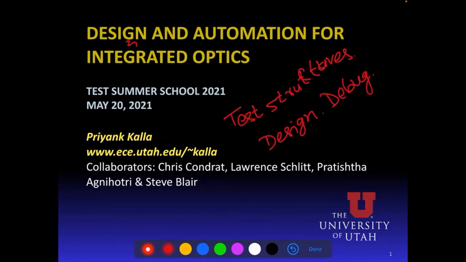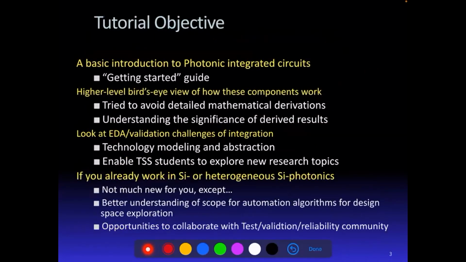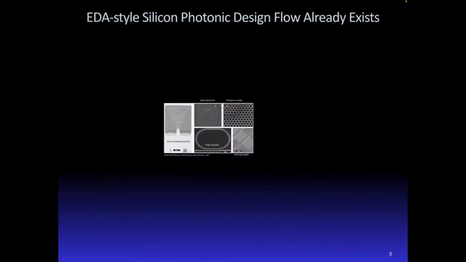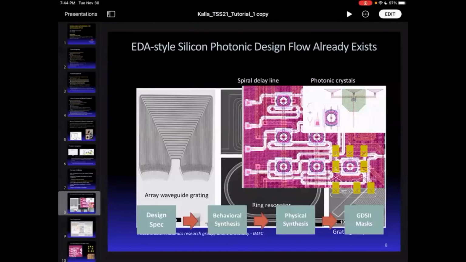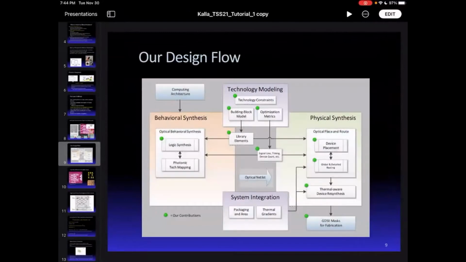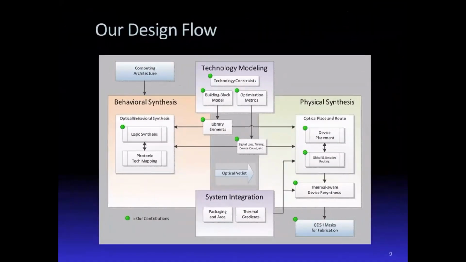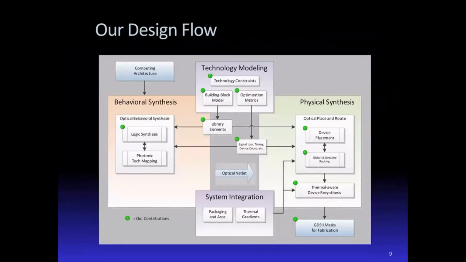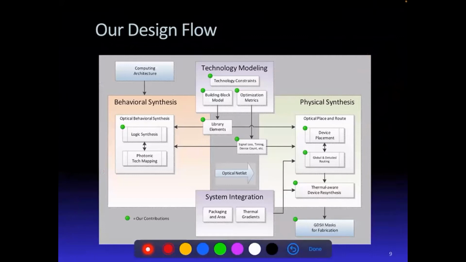In general, I've had former students who have built some design flows. One of the design flows they built was mostly for synthesis. Given a computing architecture, they designed logical switching devices through which they can do some optical computing, just like you do it with digital logic.